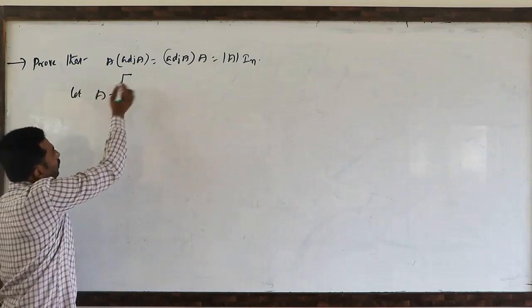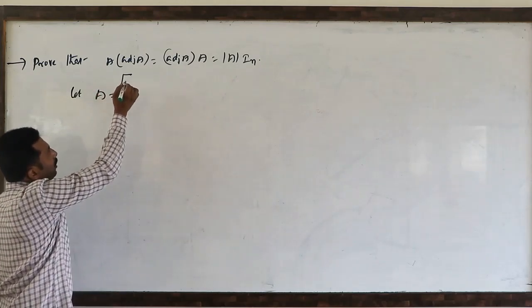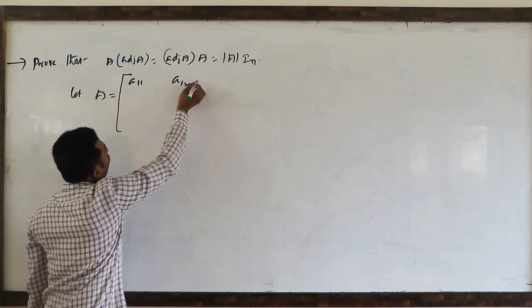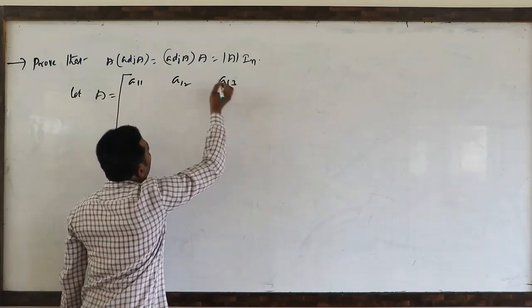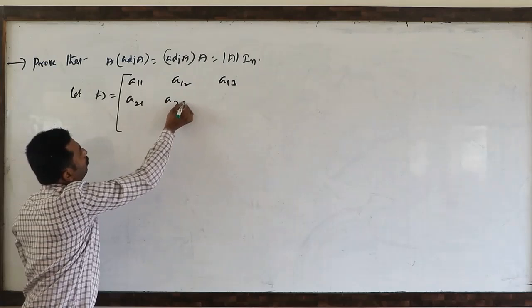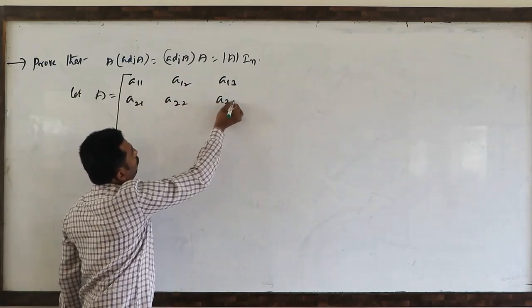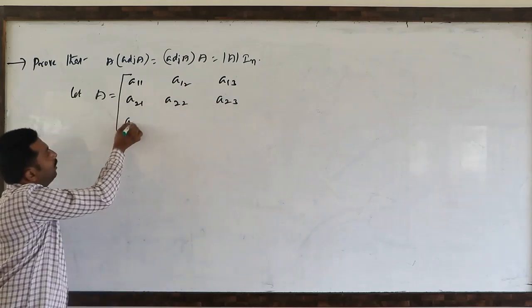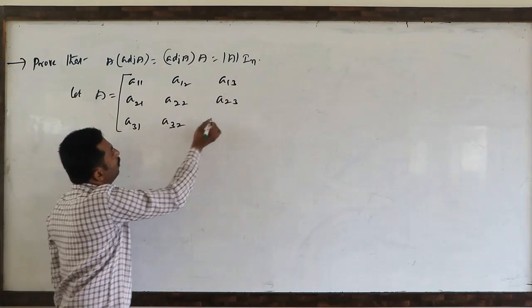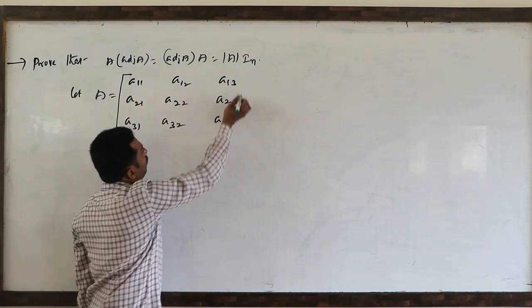A 3 by 3 square matrix has the elements a11, a12, a13, a21, a22, a23, a31, a32, a33.